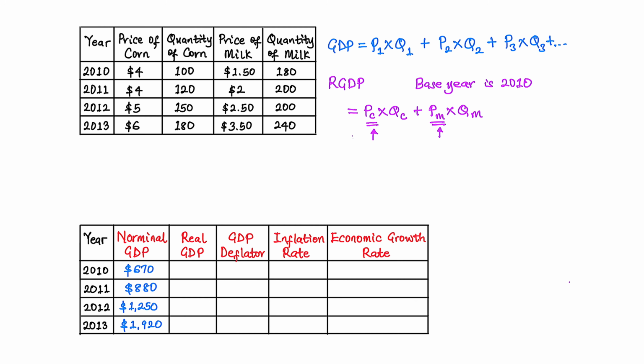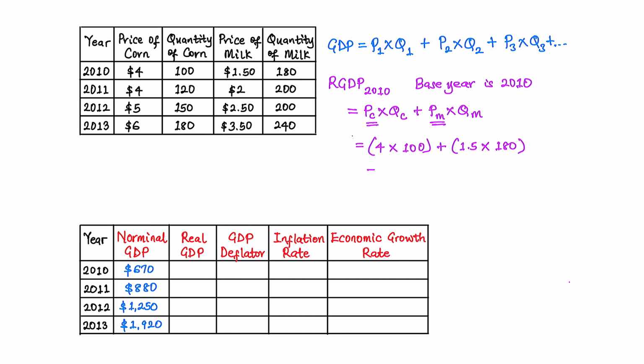Let's look at what we mean. The first year we'll be calculating the real GDP for is 2010. So the real GDP in 2010 equals the price of corn in the base year, which is 2010, that's $4, multiplied by the quantity of corn, 100 units, plus the price of milk, 1.5, multiplied by the quantity in 2010, that's 180 units of milk.